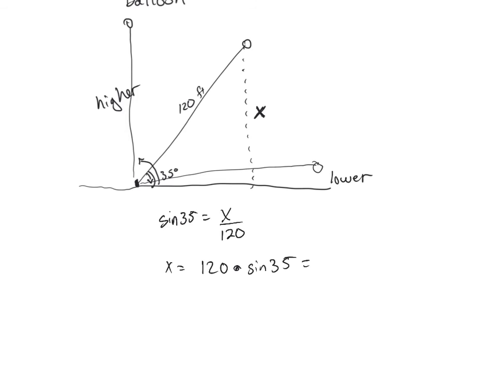Put that into our calculator here. Sine of 35 times 120 gives me 68.83 feet, or 68.8 feet, like so.